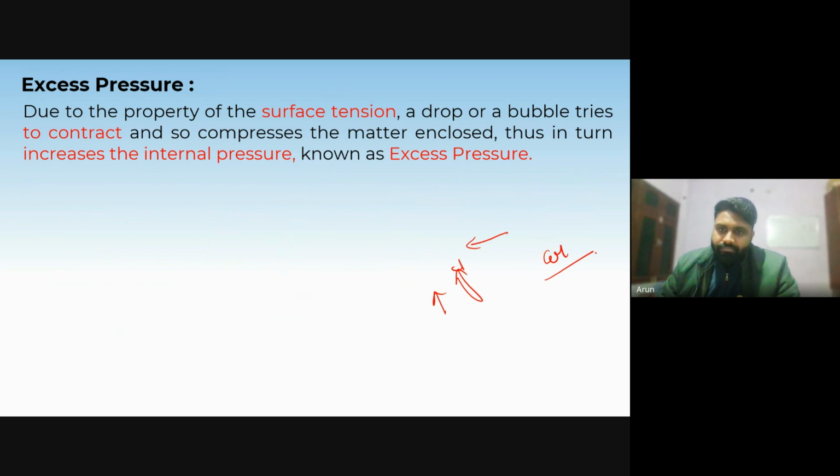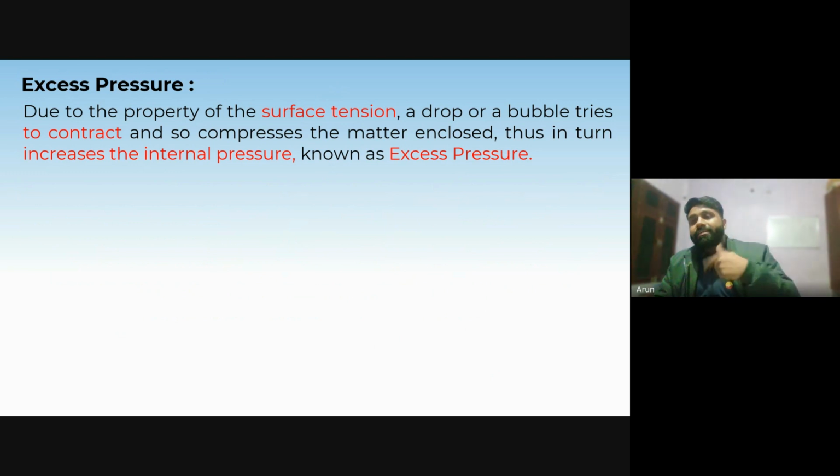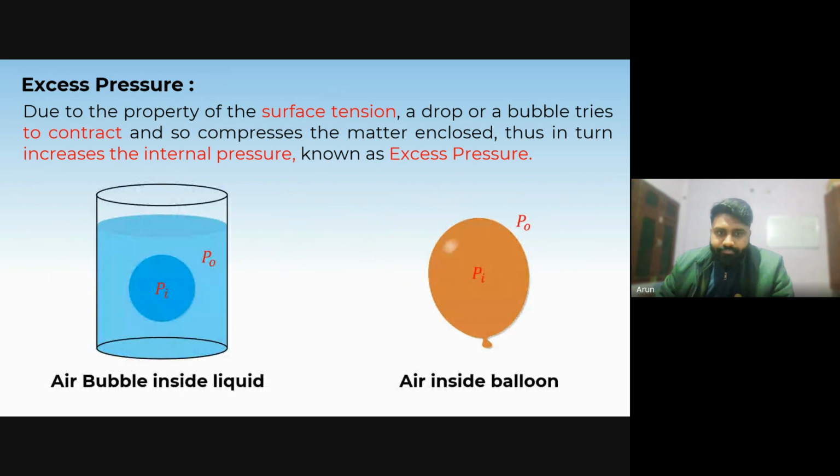Okay. Because if the pressure were the same, the bubble would not form. Due to the property of surface tension, a drop or a bubble tries to contract. Got it? So it compresses the matter enclosed in it, and thus in turn increases the internal pressure. This pressure is termed as the excess pressure. Got it? I think this is clear now. Now, this is the air inside the balloon, and this is the air bubble.